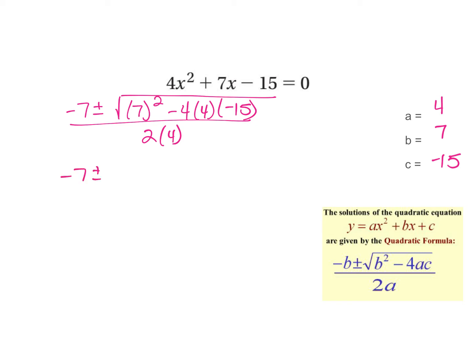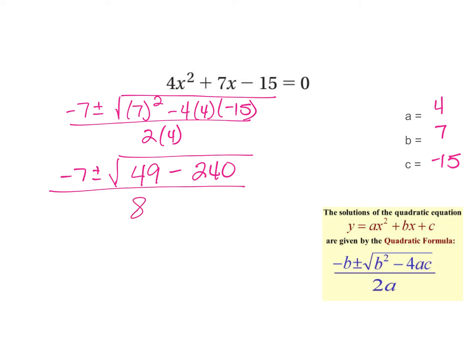Negative 7 plus or minus the square root of, this would be 49 minus, we would have 15 times 4, which would be 240, and then, of course, over 8. Oh, it would be plus 240.